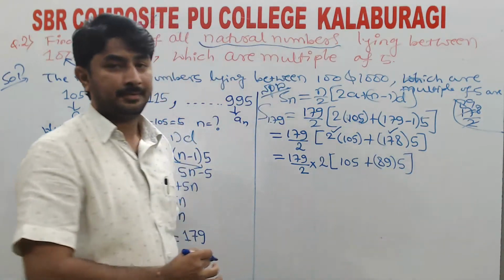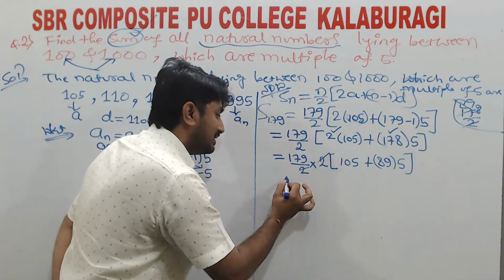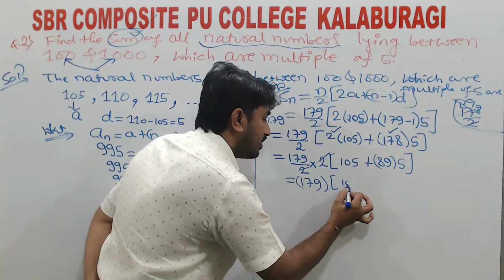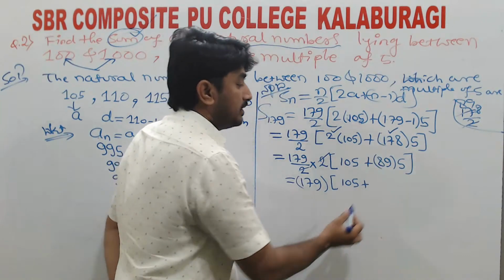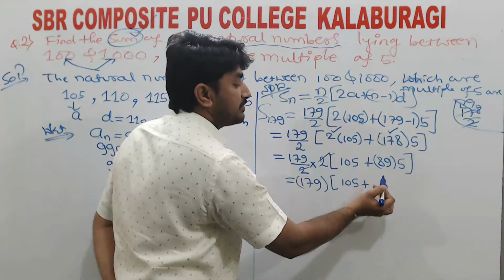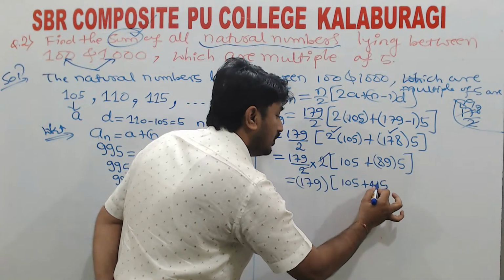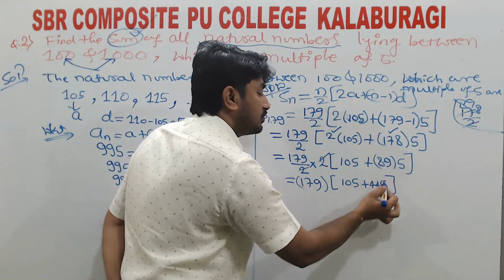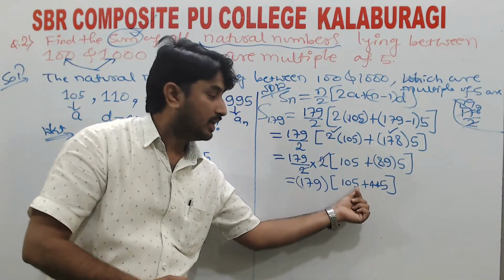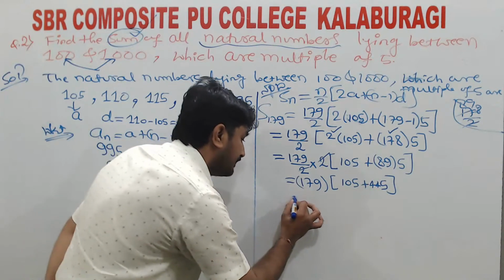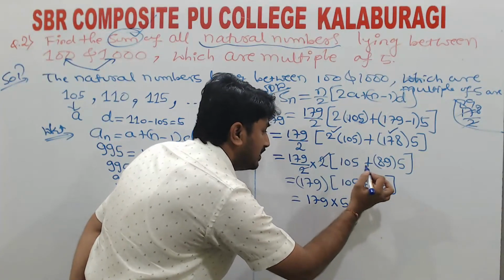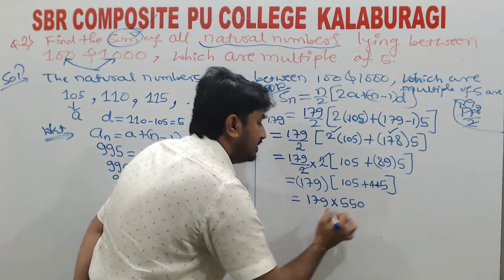Now the 2 cancels. 179 into 105 plus 5 into 89. 89 into 5 is 445. 445 plus 105 is 550.